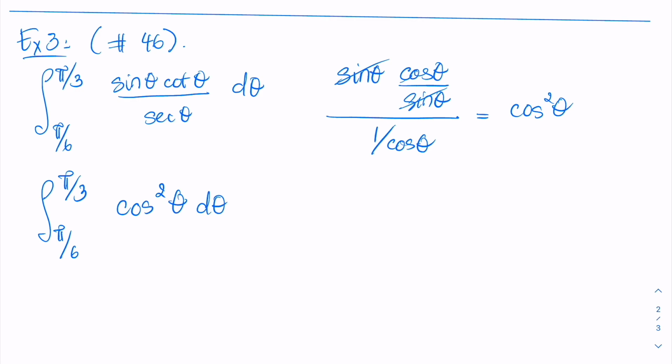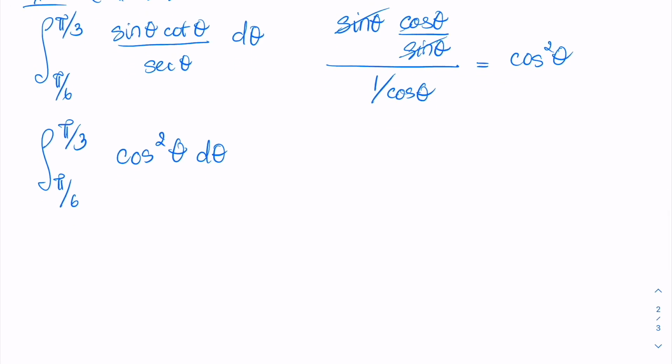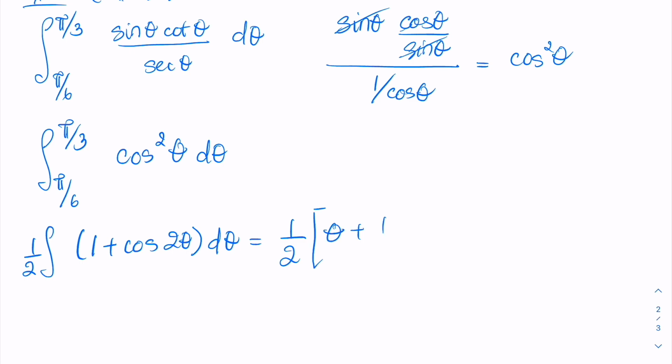So you can see that we don't have the antiderivative for that one. So we should use another identity, and that's the double angle. So this one should turn into 1/2 times 1 plus cosine 2 theta d theta. And now we can integrate. So I got 1/2 theta plus 1/2 sine 2 theta, evaluated from pi over 6 to pi over 3.